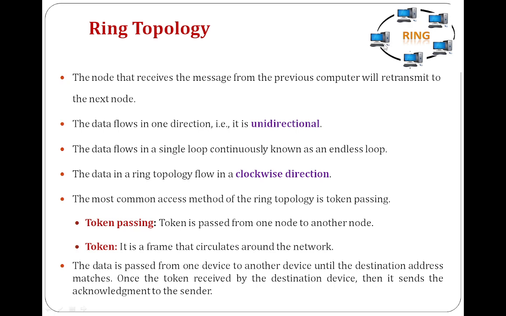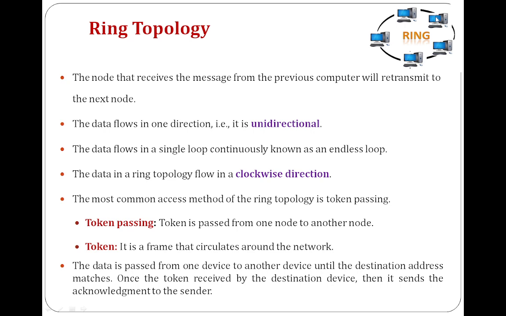So what is the purpose of the token? We must be aware of it. For example, each and every user wants to transfer packets, so they want to use the transmission medium for packet transmission. The token passes from one node to another node, and if any particular machine receives the token, then it has a chance to send its data.